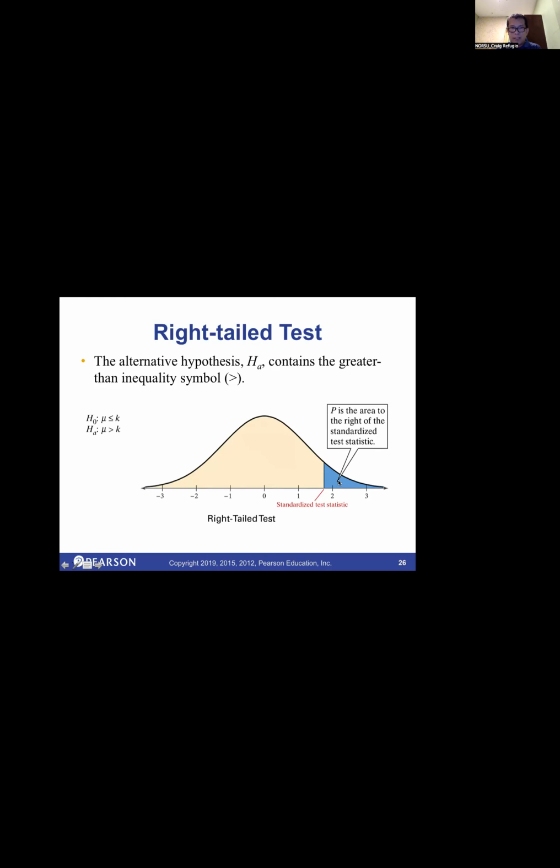We have the blue area, and the value of K, greater than K, is to the right side. That's why it is a right-tailed test. Because the shaded area is going to the right based on the alternative hypothesis, we classify this one as a right-tailed test.